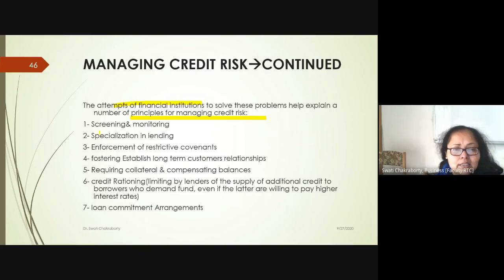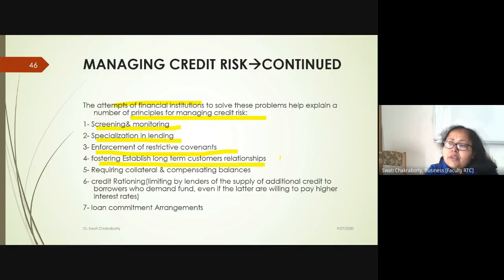One is screening and monitoring the potential borrowers. Specialization in lending, where there should be a mechanism which deals only with lending. Enforcement of restrictive covenants: there should be certain restrictive terms and conditions under which the borrowers can get that loan. To ensure long-term customer relationships, that needs to be there.